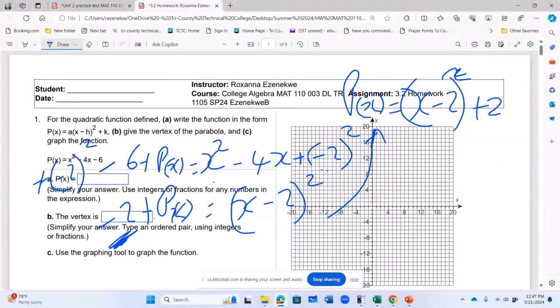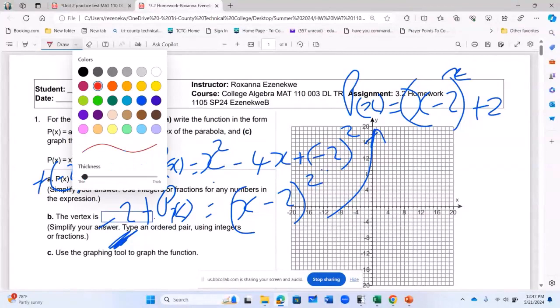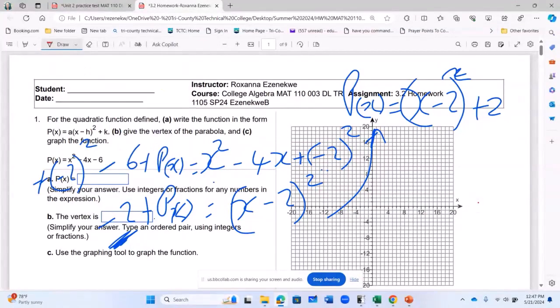Now I have transformed the equation to vertex form, where h is 2 and k is 2. Therefore, the point (2, 2) is the vertex.